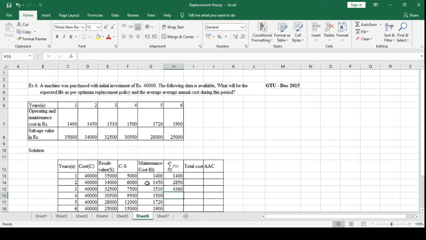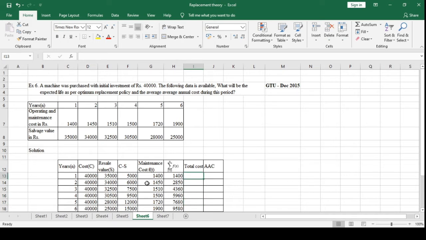Similarly, for the fourth year your answer will be 5960. For the fifth year 7680, and for the last year 9580.